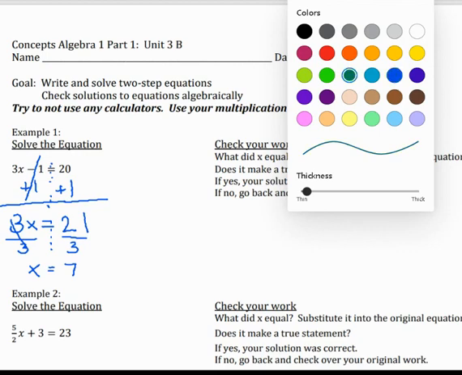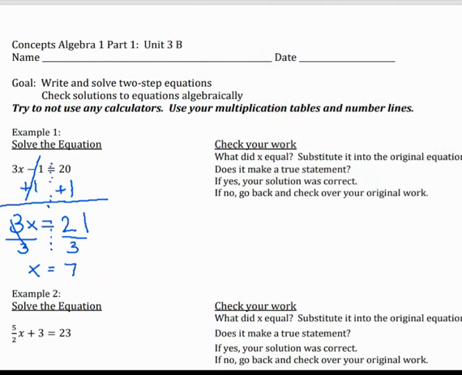Now I'm going to do the check. Remember, for your check, that's where we plug our answer in. So it said 3x. Well, we said x is 7. So I'm going to do 3 times 7, and then minus 1 equals 20. And I'm going to simplify that left-hand side. So 3 times 7 is 21.